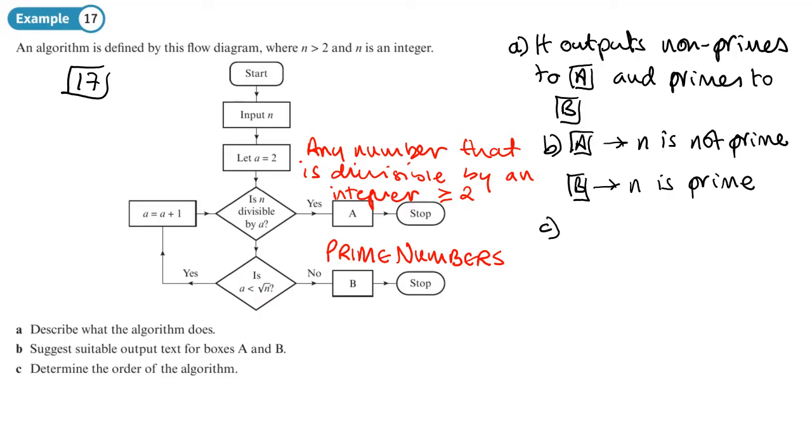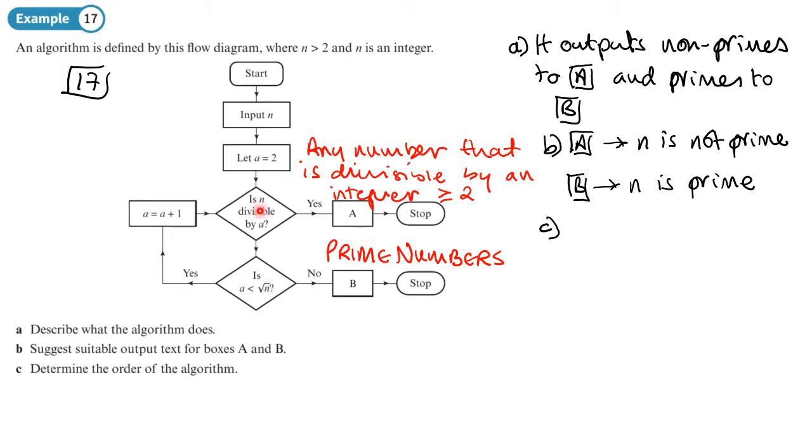And part C asks for us to determine the order of the algorithm. And that's basically how many times we go around this loop. And how is that decided? Well, that's decided by whether a is less than the square root of n or greater than the square root of n.